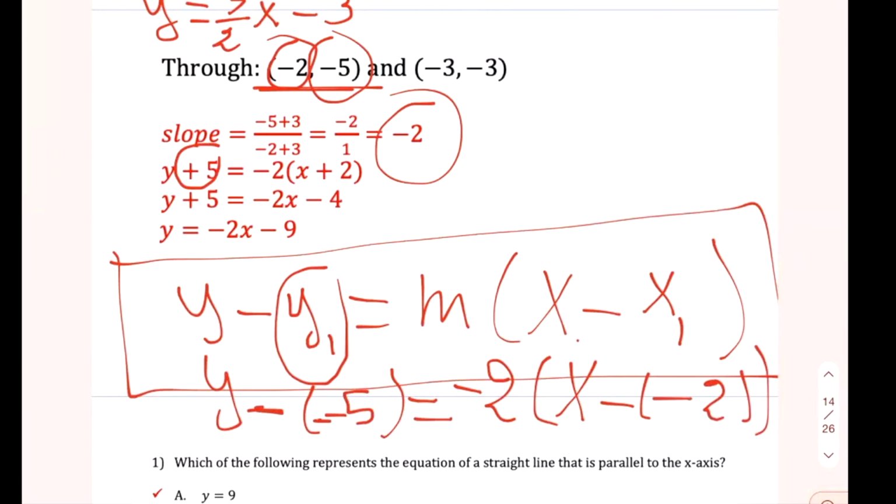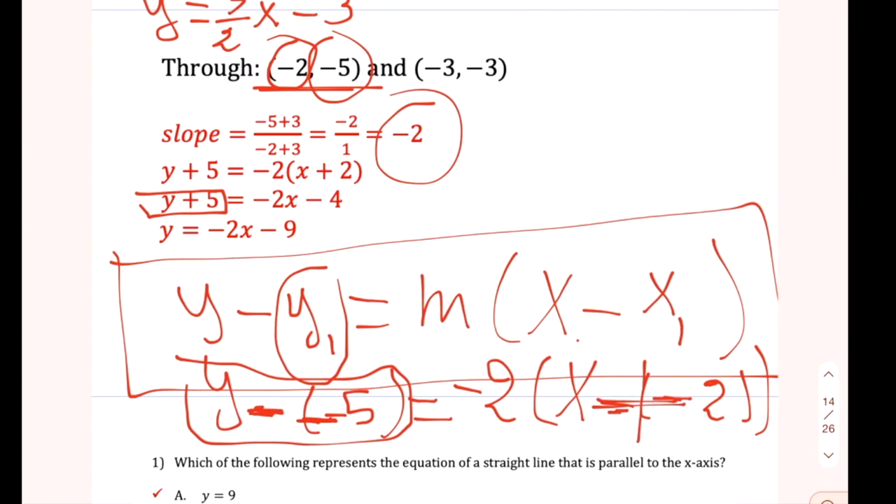Minus with minus becomes plus, and that's why they put y plus 5 here. y minus negative 5 is y plus 5. And then this minus with this minus becomes plus. Negative 2 times x is negative 2x, and negative 2 times plus 4 is negative 4.